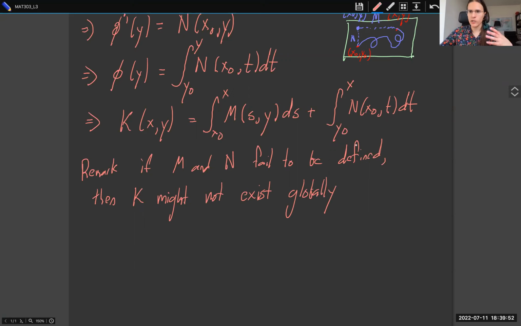But it will exist locally. So the thing is that at every point you can find a small enough rectangle so that it's defined everywhere, right? So in that rectangle, you can solve for it. But the problem is that basically if there's a hole, then you might not be able to define it everywhere.